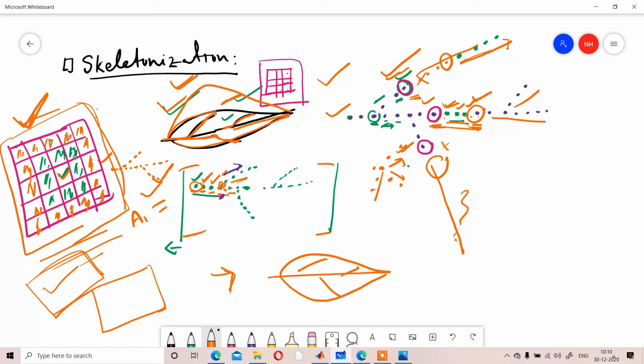If the skeletonization result is like that, by considering visually, you can consider the neighborhood, suppose 6 or 7.